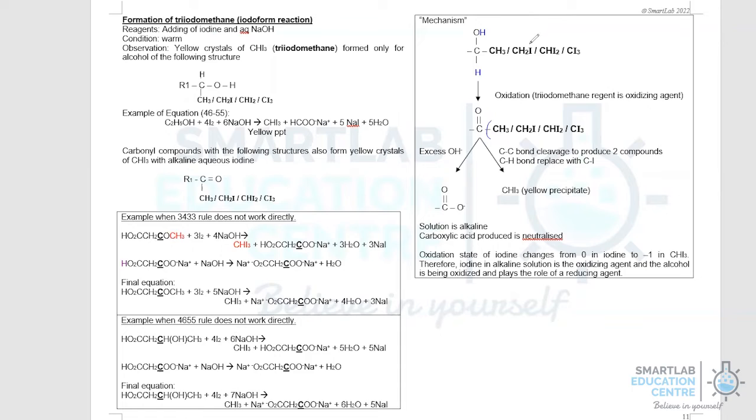In our case, if you're studying the Iodoform test on ketone and aldehyde, we're not looking at the initial step. We'll be starting from here.